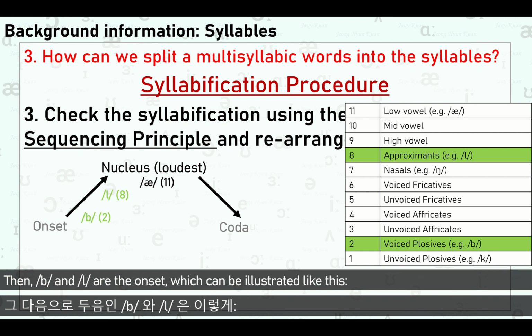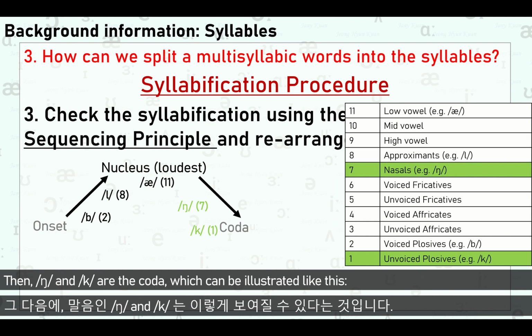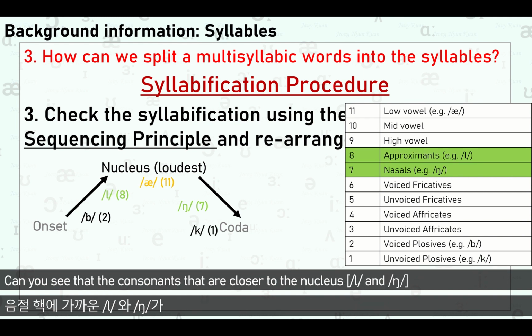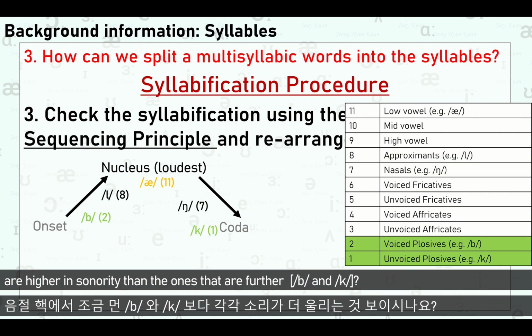Then B and L are the onset, which can be illustrated like this. Then N and K are the coda, which can be illustrated like this. Can you see that the consonants that are closer to the nucleus are higher in sonority than the ones that are further?